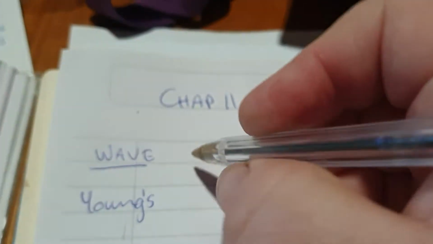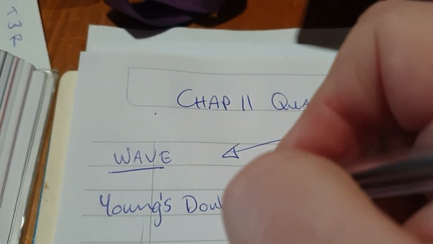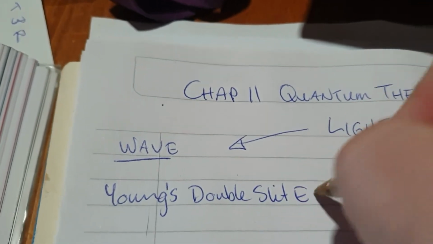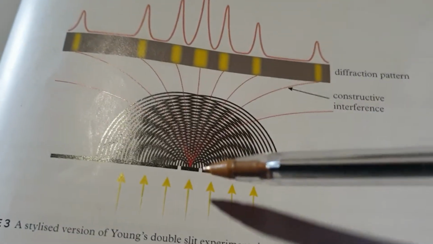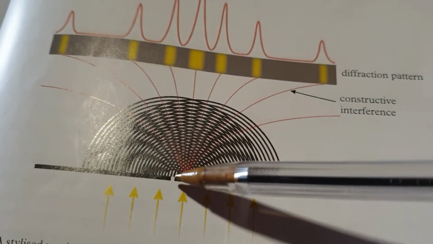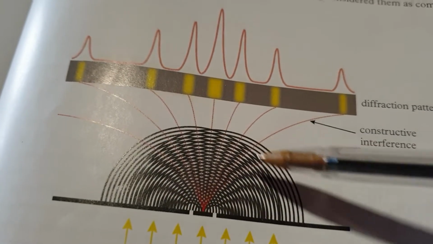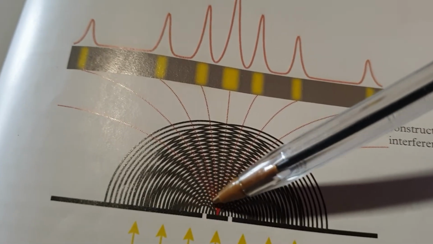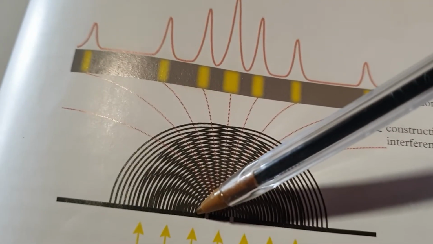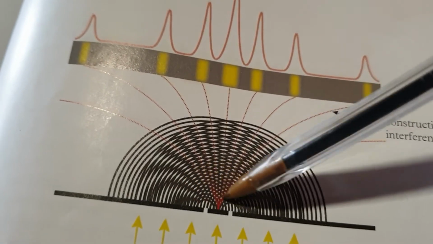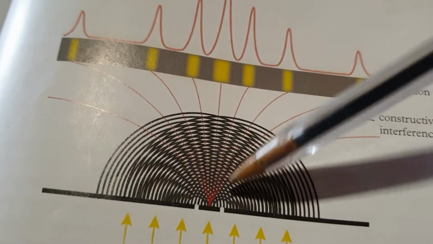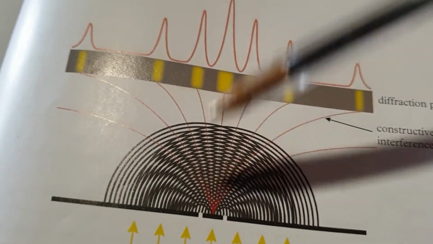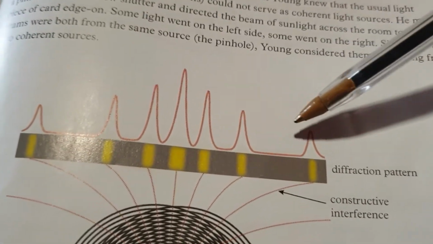So Young's double slit experiment: when light goes through these two slits, they have to be very fine slits, very close together, it produces this interference pattern, because the light will diffract and change its direction as it goes through each of these slits, producing individual wave fronts, and then those are going to interfere and produce this pattern, a diffraction pattern.